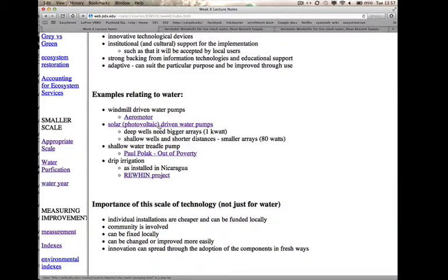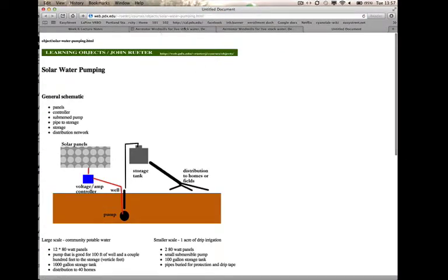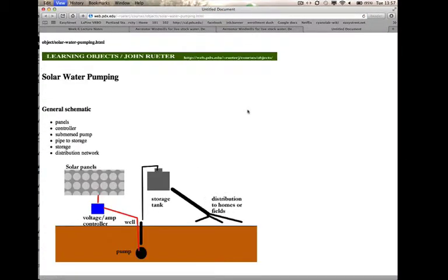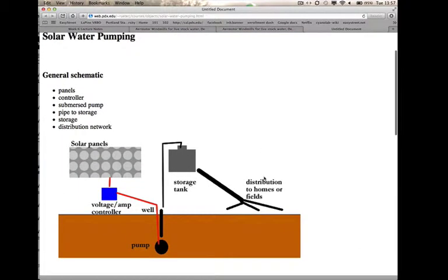Another example here to illustrate how we might use a combination of equipment to meet different needs. Here's the general schematic for what it would take to have solar panels going through a voltage controller to a pump and a storage, and then distribution to home or fields. And we can size each one of these independently to meet the exact needs we have.